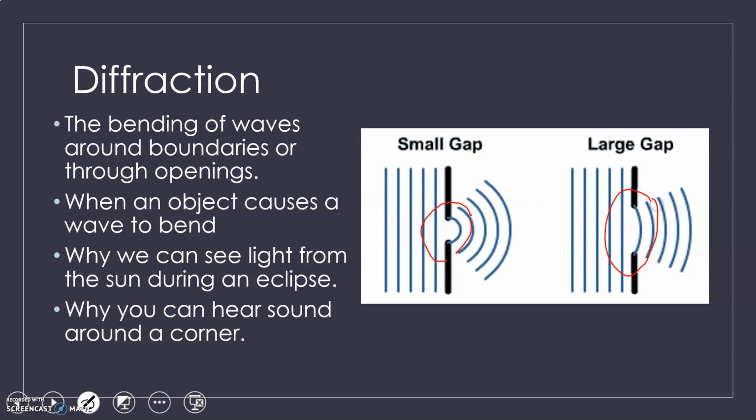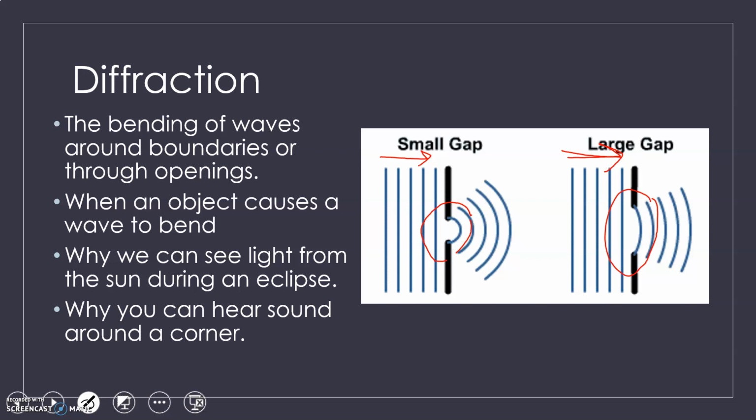We can see the wave going this way, and it is going to be bending because of that opening or barrier. You can think of an example if you are in a hallway and it is pitch black and there's a door down the hallway open and there's light on in that room, that light is going to bend around that open door and go into that hallway.